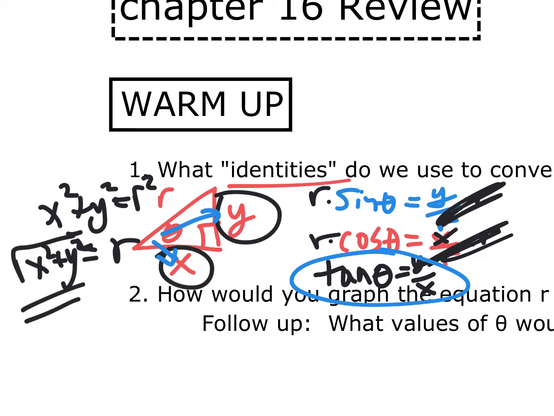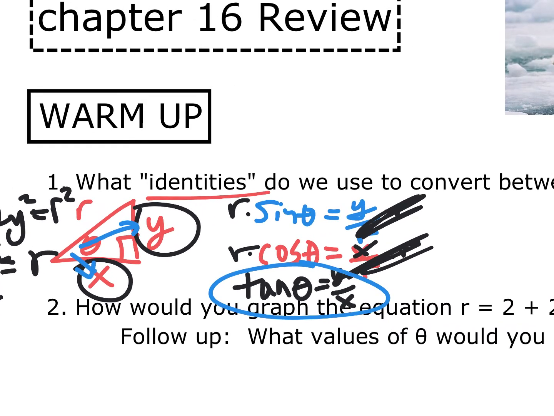Okay, and those are the big ones that you can use to then do conversions. So here's a typical convert problem. R equals 5. Convert that to rectangular. Would you agree it's in polar right now?